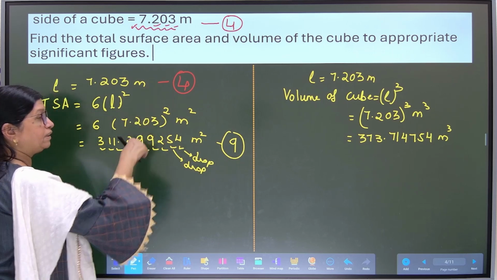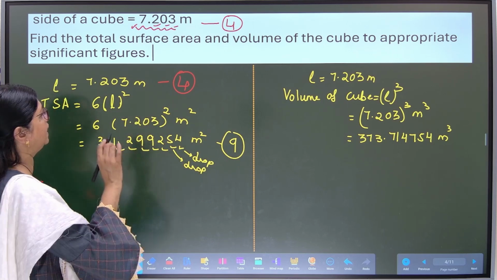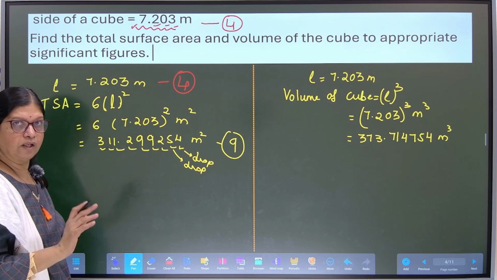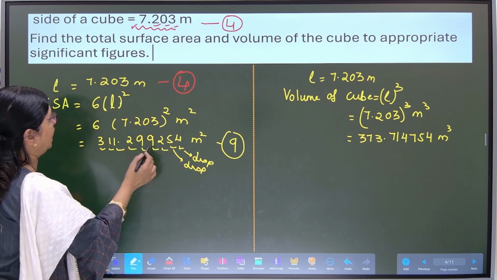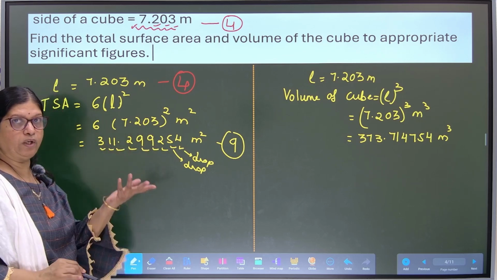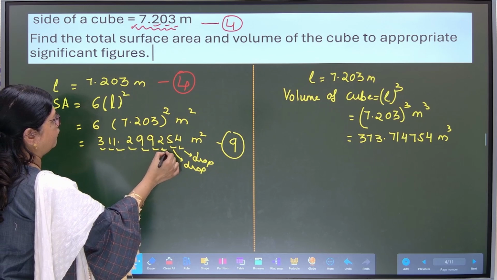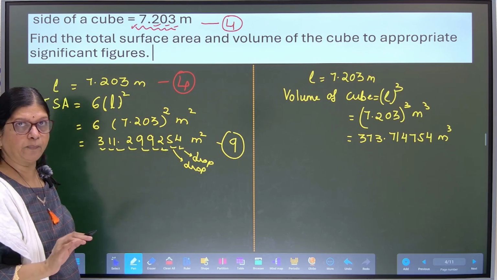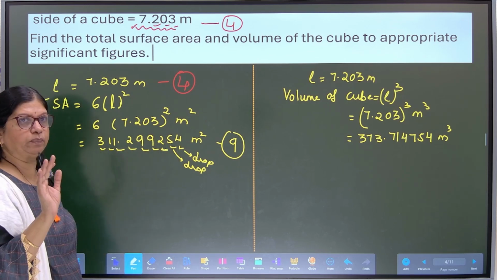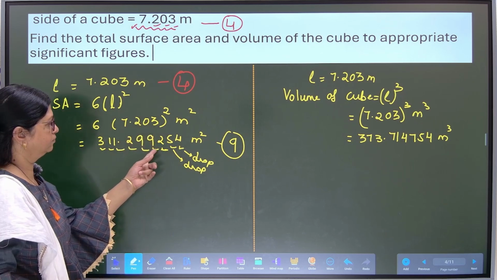But its previous digit is even. So write it as it is. Fine. But still I have come to 1, 2, 3, 4, 5, 6, 7 only. So what should I do? This becomes my last figure which is to be dropped. So I drop it because it is less than 5.